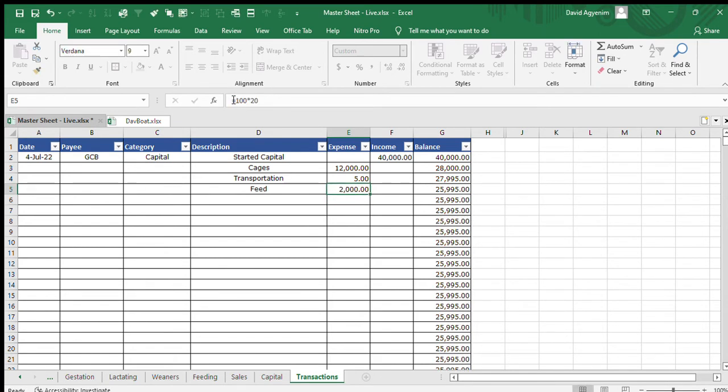So this one is 20 bags of, I believe Marco's feed is 100 now, right? So this is 20 bags of Marco's feed. I believe each bag will be 25 kg, so it's about 500 kilos of feed.